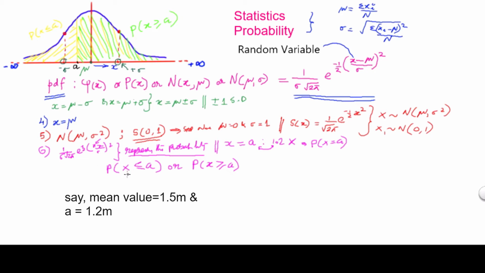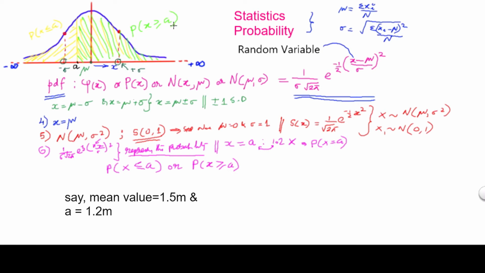So this is P of x less than or equal to a. This is the value of a, say for example 1.2 meters in our example. Mu is say 1.5 meters. So here will be a. This line or this left side area will represent P of x less than a, and the right side with the green shading will tell you P of x greater than or equal to a.